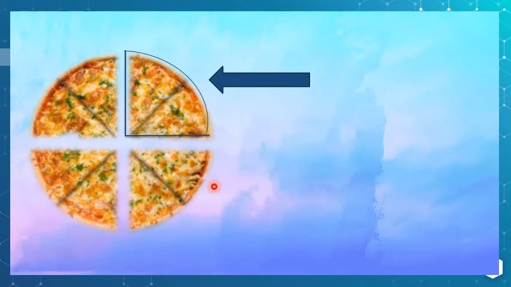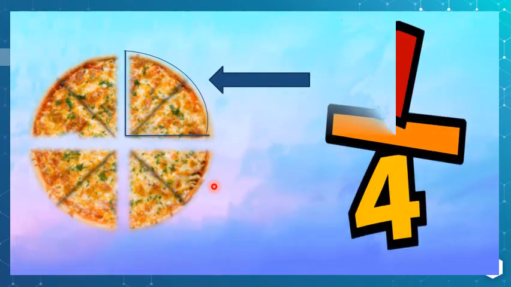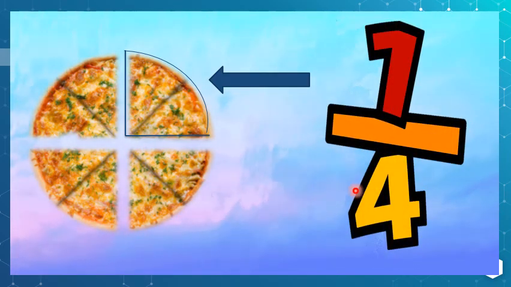We can write the fraction as 1 by 4. 4 shows the total number of parts of whole and 1 is the part of the total number, that is 1 is the part of 4. So we will write it as 1 by 4, and it is also called a quarter part of whole.